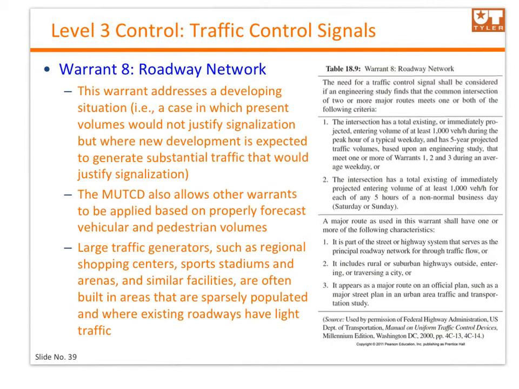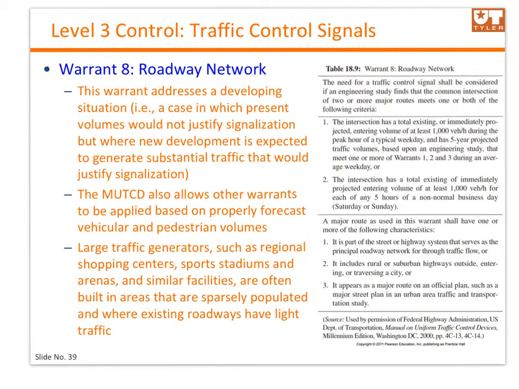Or I can meet warrant 8 if the intersection has a total existing or immediately projected entering volume of at least 1,000 vehicles per hour for each of any 5 hours of a non-normal business day, which is a Saturday or a Sunday. A major route used in this warrant shall have one or more of the following characteristics.